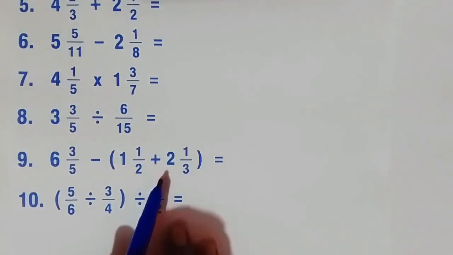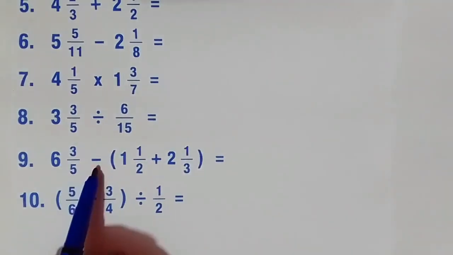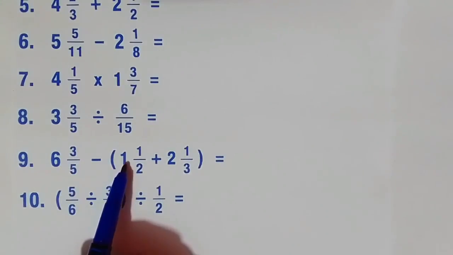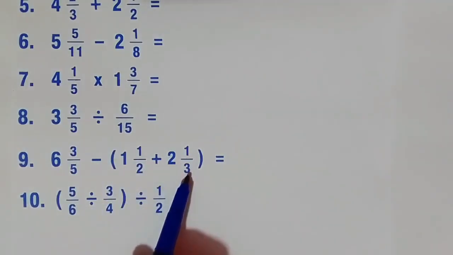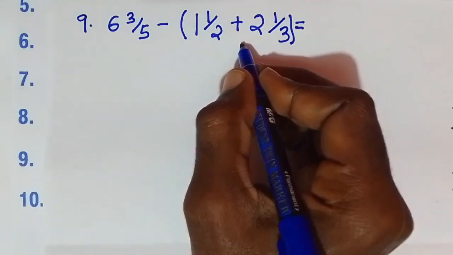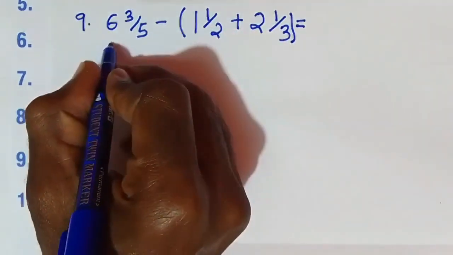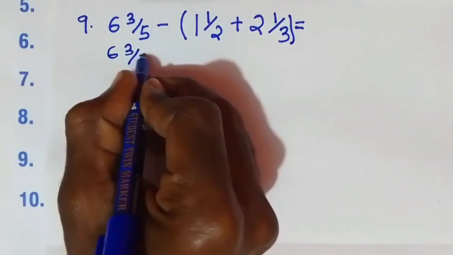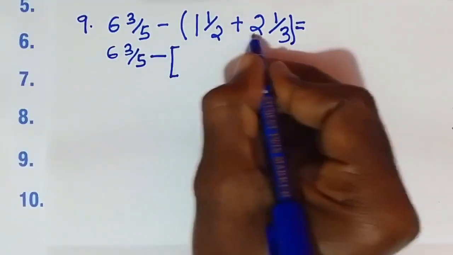Question number 9, they gave us 6 3 out of 5, take away, in the bracket, 1.5 plus 2 1 over 3. First, we are going to do the bracket, and then we are going to take away. So we have 6 3 out of 5, take away. We are going to take the whole number plus the whole number.